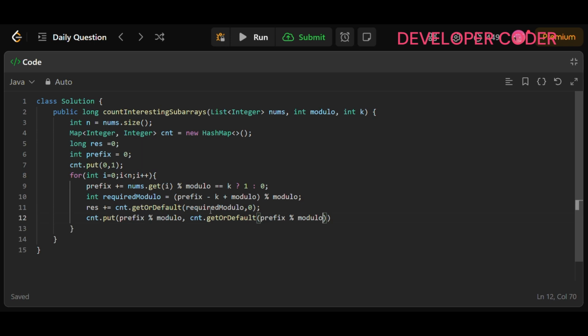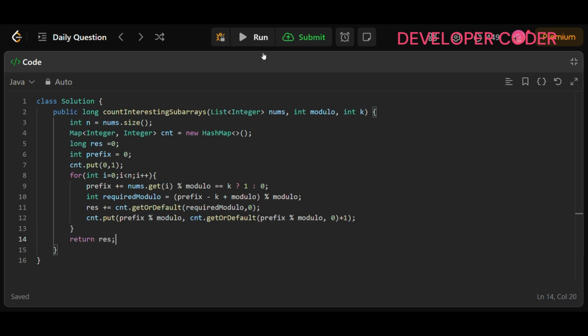Check whether that particular prefix is already there or not. If it is already there, then take that value, otherwise take 0, and to that value just add 1. We are going to update the count map, the frequency map of particular keys. And in the end you simply return the result.